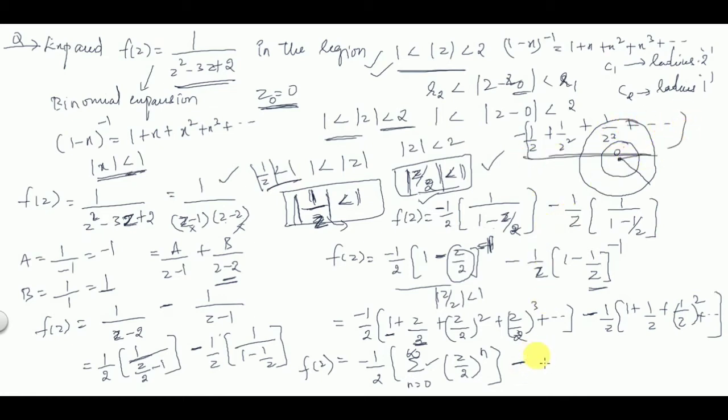If you want to write it in summation form, n is equal to 1 to infinity, 1 by z whole power n. If you substitute n is equal to 1, you get the first term 1 by z, n is equal to 2, the second term 1 by z square, n is equal to 3, 1 by z cube, and so on.